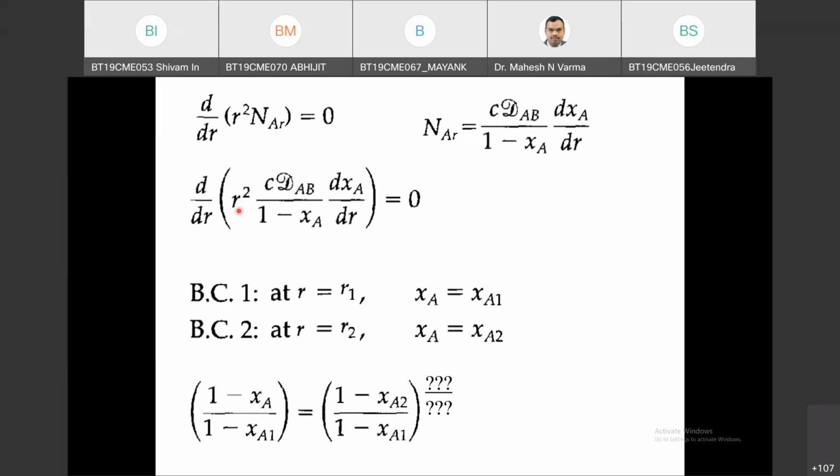First integration it will be R square C DAB by 1 minus XA dXA by dr equals constant. This whole term will be equal to C1. That will be the first integration. Yes, sir.